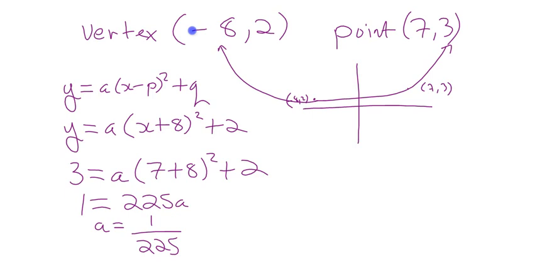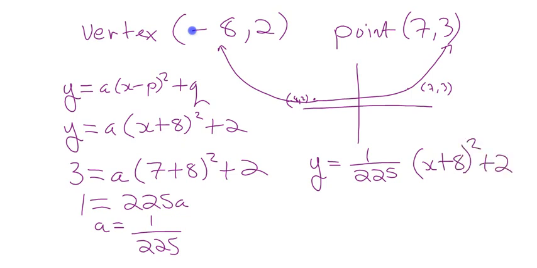We don't end up having to string out a number of decimals, right? 1 over 225 is definitely a terminating decimal because it's rational. All right, so y is equal to 1 over 225 (x plus 8) squared plus 2.